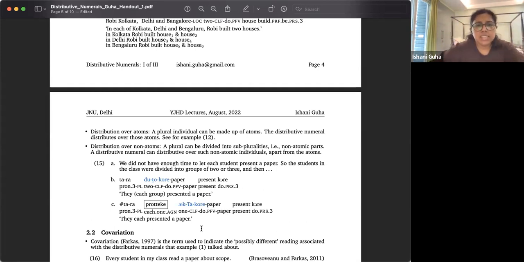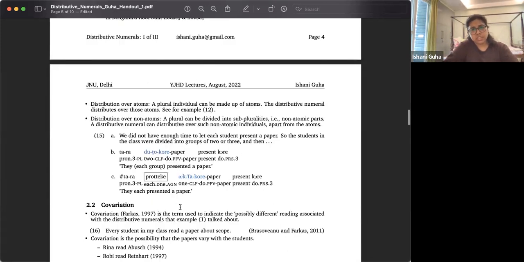So this is an example that I thought of, 15. We did not have enough time to let each student present a paper. So the students in the class were divided into groups of two or three, and then Tara duto kore paper present kore.